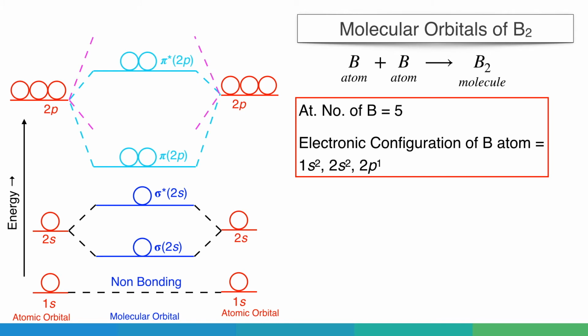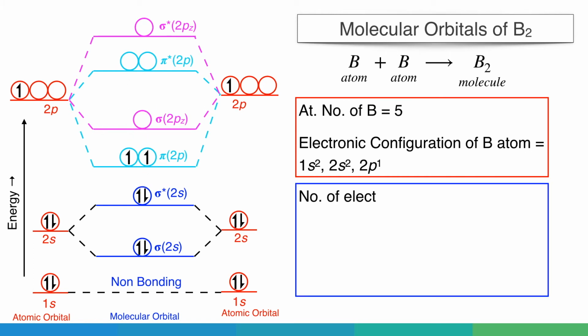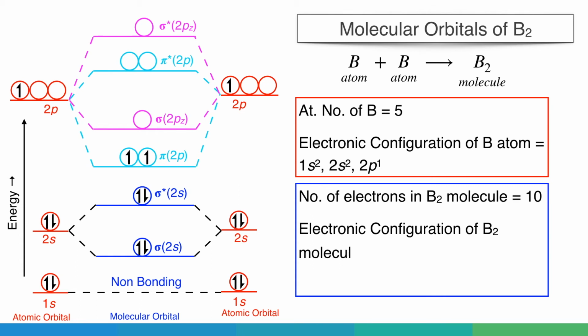And lastly, there will be one sigma bond represented by sigma 2pz and sigma star 2pz orbitals. Now, if we try to fill the electrons in pi 2p orbitals, two unpaired electrons can be accommodated. So the electronic configuration becomes KK sigma 2s2 sigma star 2s2 pi 2px1 pi 2py1.